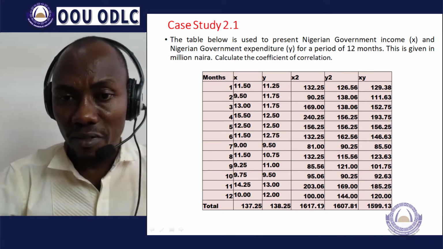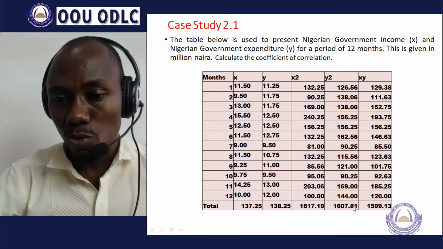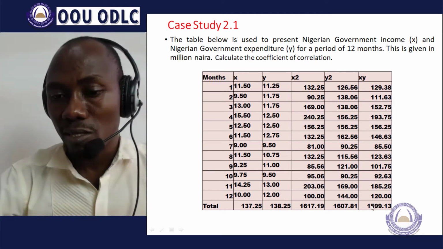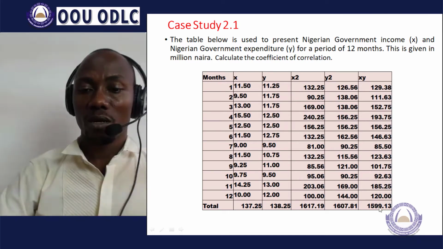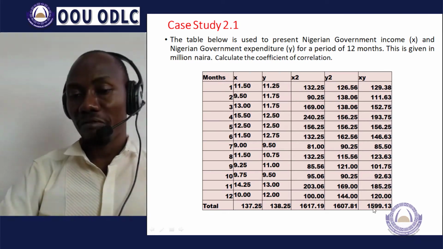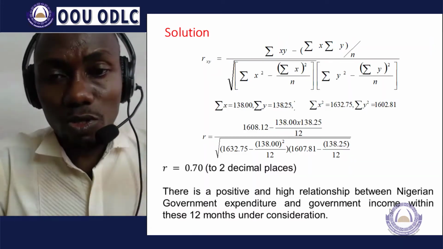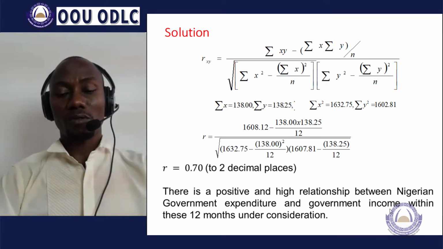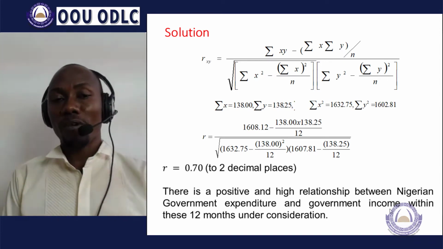This is the total of the X square for the 12 months, and this is the total of Y square for the 12 months. Finally, this is the total of the product of X and Y for the 12 months, which is 1,599.13.